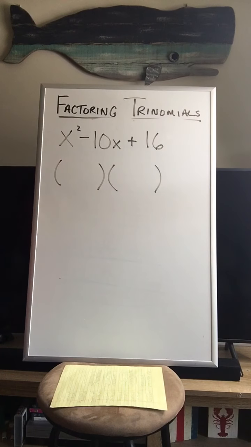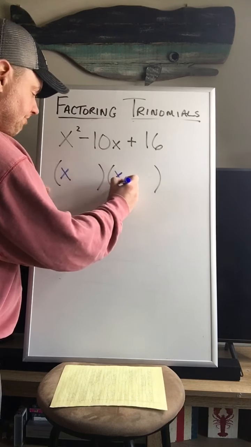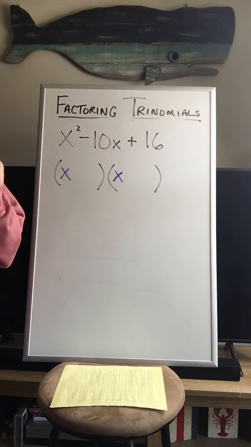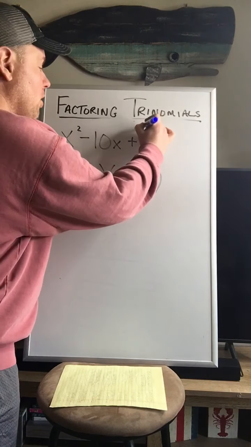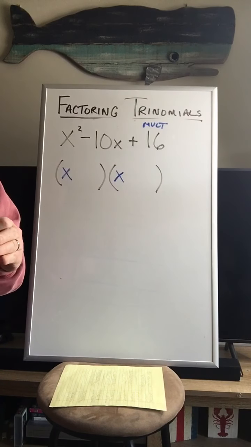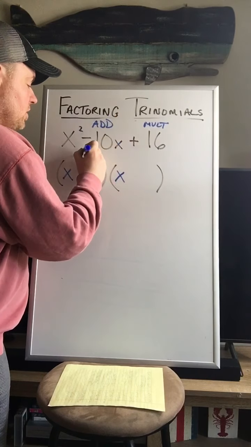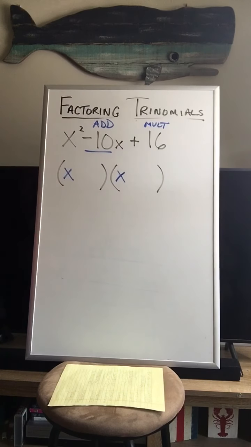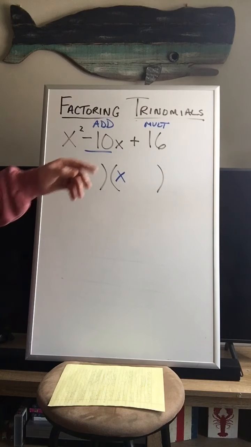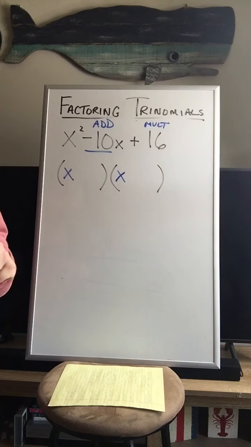Okay, so if we take a look, we know it's going to be x and x. Now, you need two numbers that multiply to positive 16 and add up to negative 10. So, how is this going to be possible that the numbers multiply to a positive and add up to a negative?